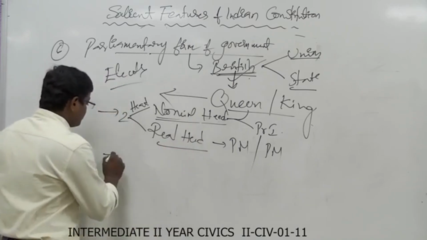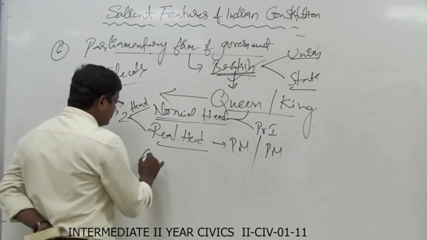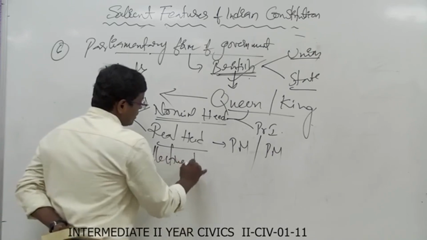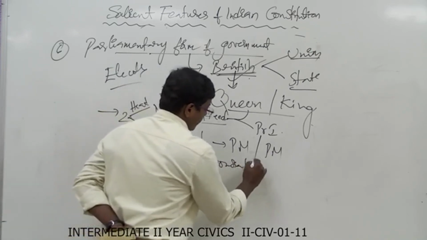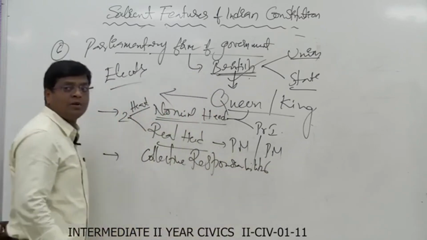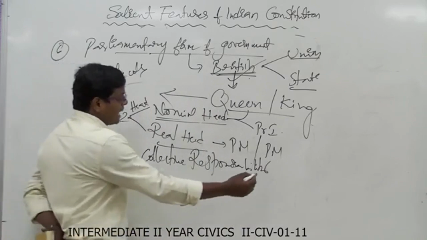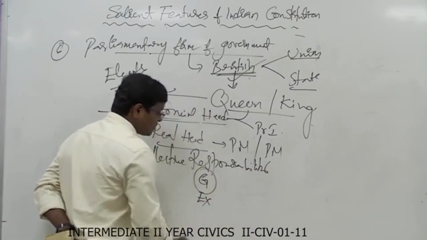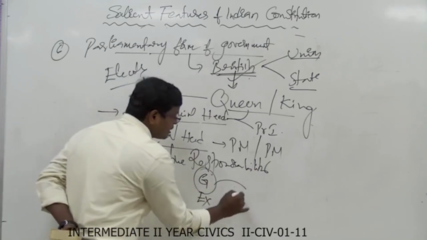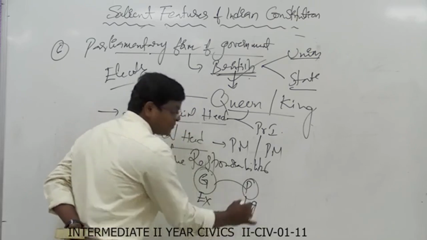At the same time, collective responsibility is also one of the features of the parliamentary form of government. Here the government is collectively responsible, that means the executive is collectively responsible to the parliament, that means the legislature.